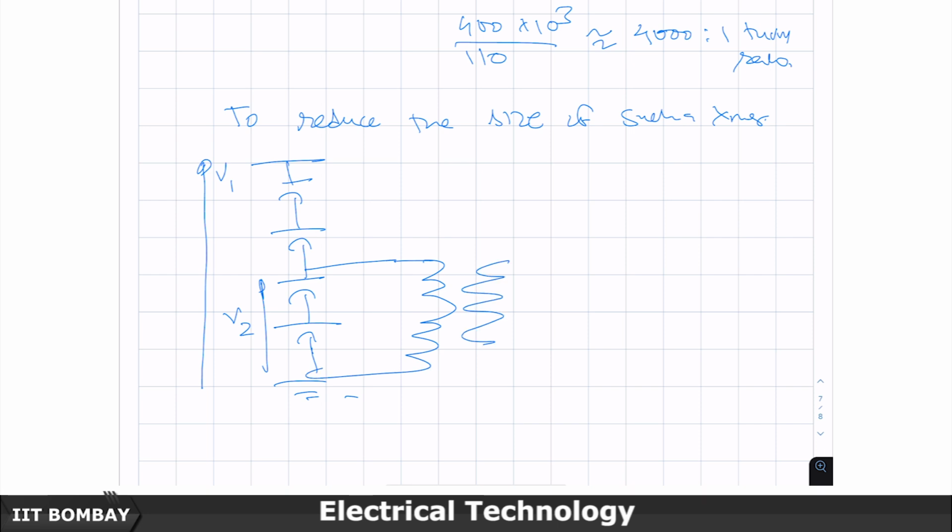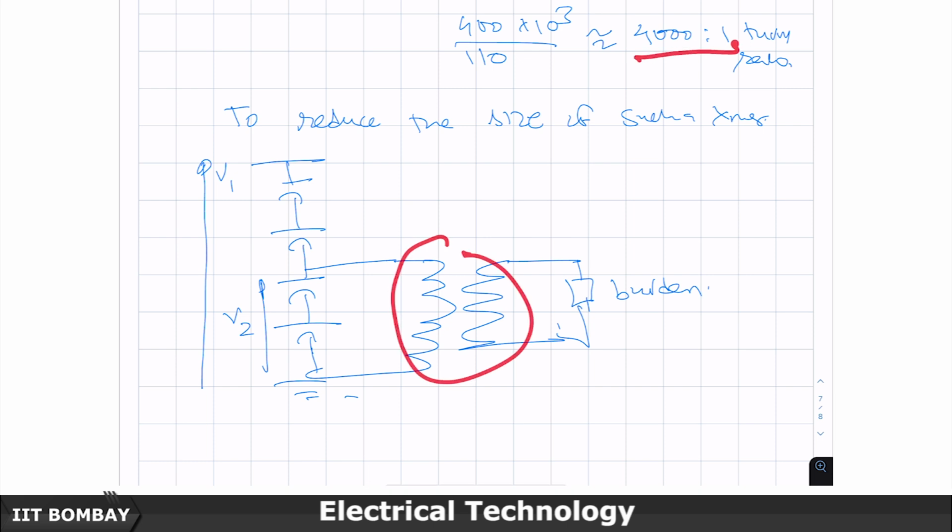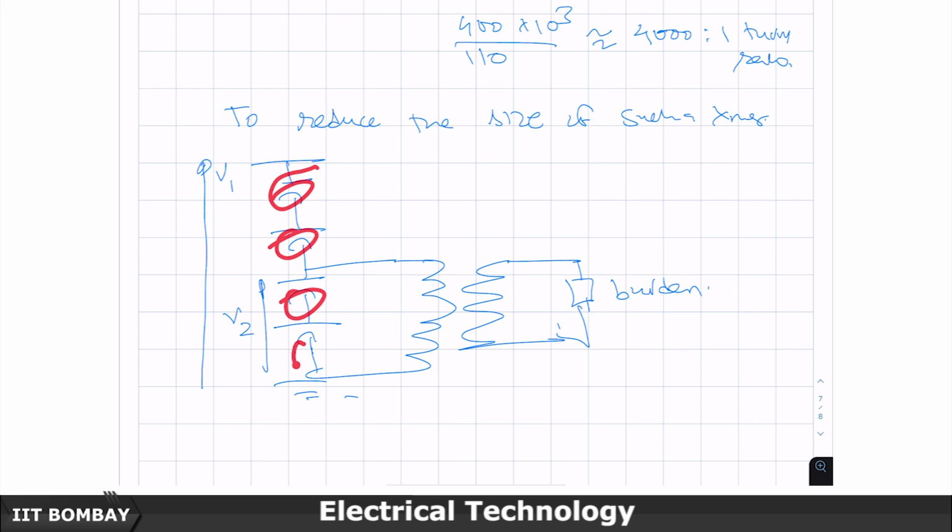Then you connect a normal step down instrument transformer here, and connect your burden or load. In instrument transformer terminology, it is called a burden, because ideally they should not serve anything, they should just measure. But because they drive, like, a 1 ohm resistor, driving 25 watts, it is the burden which is imposed on the transformer. By doing this, the size of the transformer is reduced to a much smaller value from the 4000 is to 1 turns ratio, and capacitors are small, neat, compact devices.